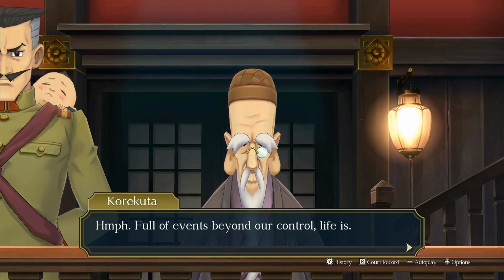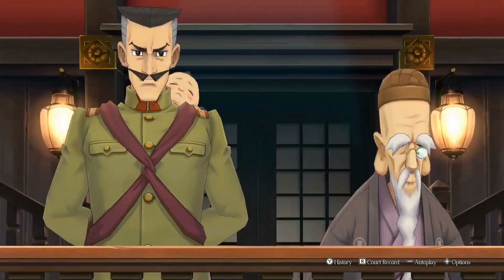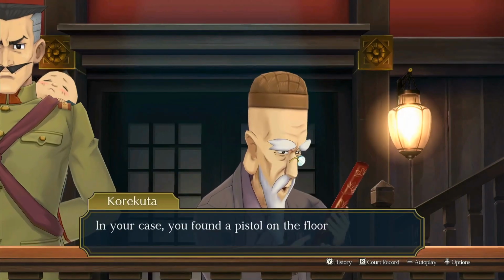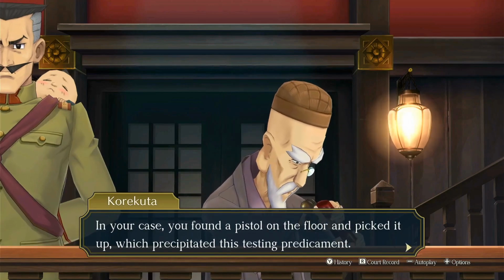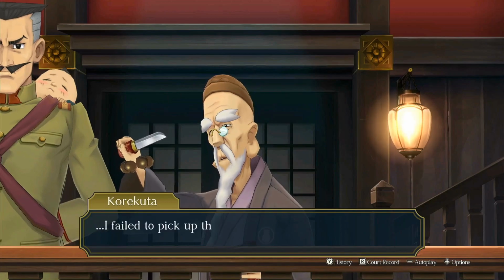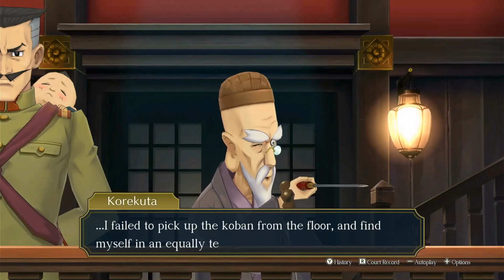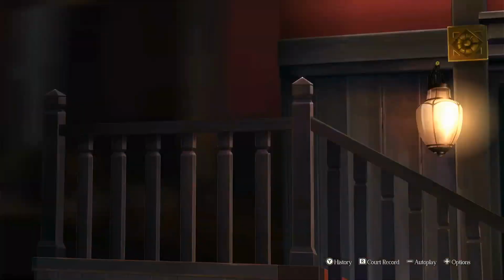Full of events beyond our control, life is. Sorry? What do you mean? In your case, you found a pistol on the floor and picked it up, which precipitated this testing predicament. Whereas conversely, I failed to pick up the Kaban from the floor, and find myself in an equally testing predicament as a result.